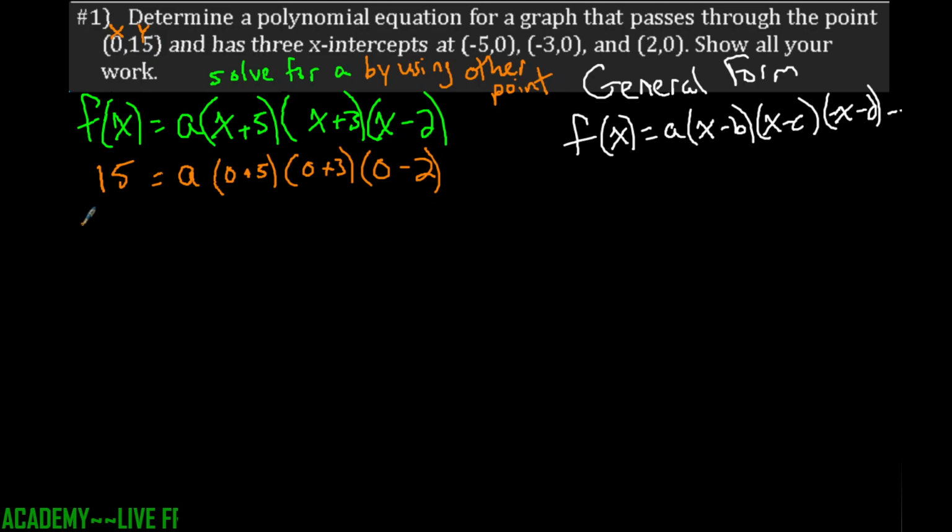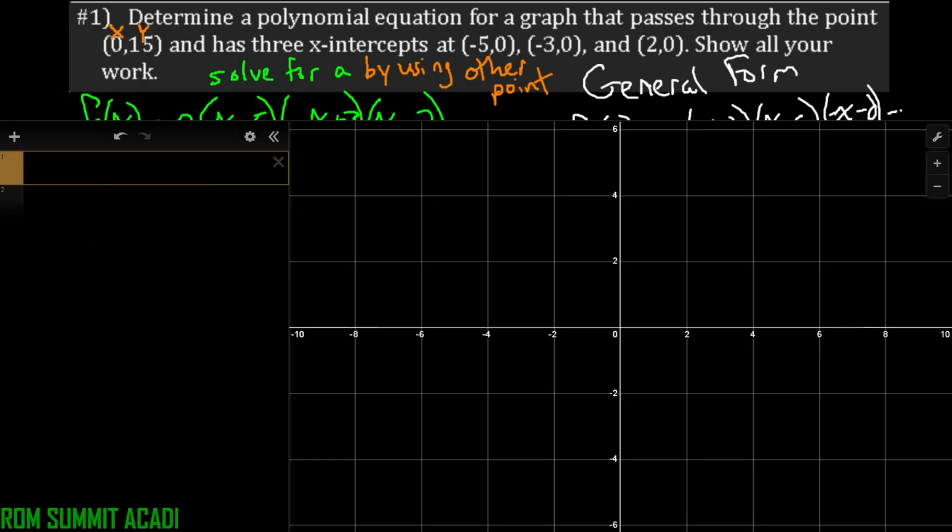So I can simplify. This is going to be 15 equals a times 5 times 3 times -2. Make sure you can multiply. When I have these three values multiplied together, I can also pull up Desmos if you want to type it in exactly as it looks. So let me show you what that looks like. There it is.